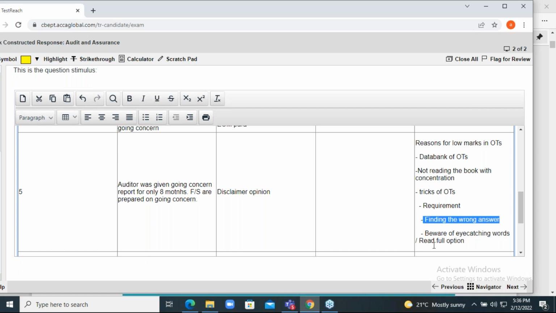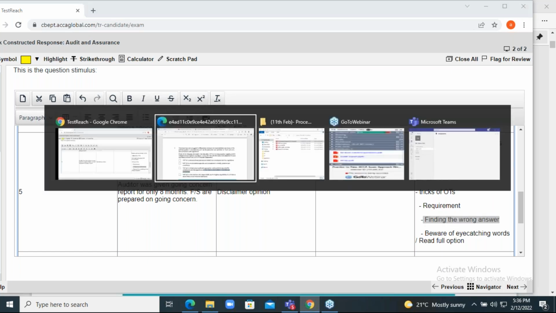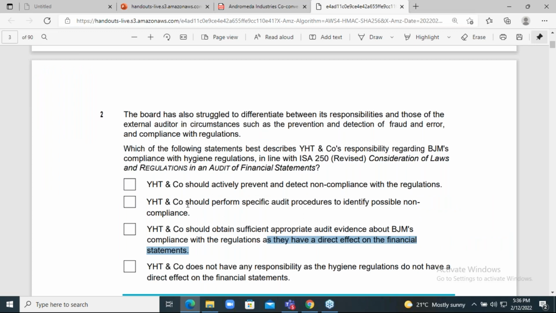Always read the full option. Do not make a decision before reading the full option, especially the last part. Always focus on the last part of the option. They are very tricky. Due to only one word, the whole option can become incorrect. So this is why we are focusing on these questions.